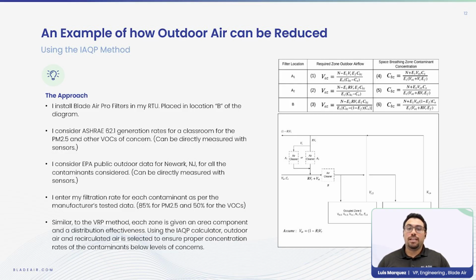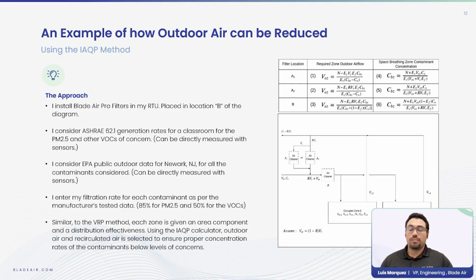Once I have that data, I use the IAQP calculator tool and the filtration capabilities of my air cleaner. Now, one thing to note is the IAQP still considers the area of the space and the effectiveness of the duct system. So I'll keep those the same at 80%. So you can see the diagram here of the multi-zone method.